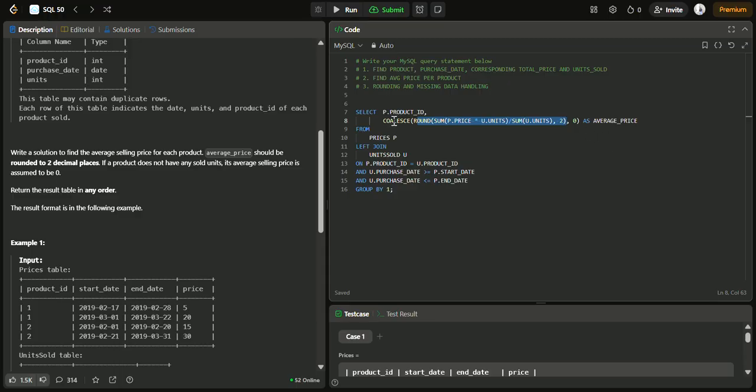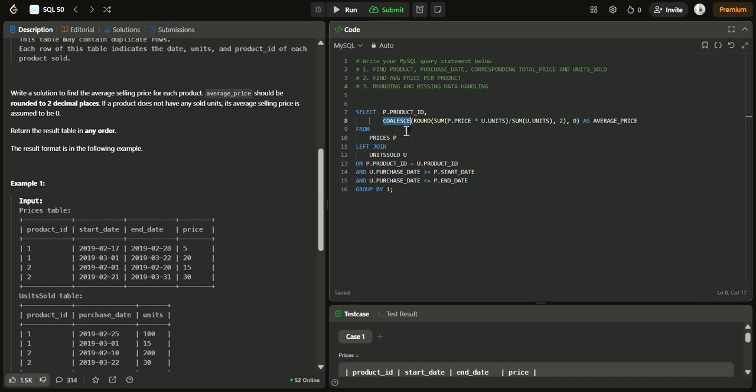So that's what we are doing here with the coalesce function, and zero means whenever we don't find any numerical value, we should put that as zero. So that's the solution. Grouping by one is for looking at one product at a time.